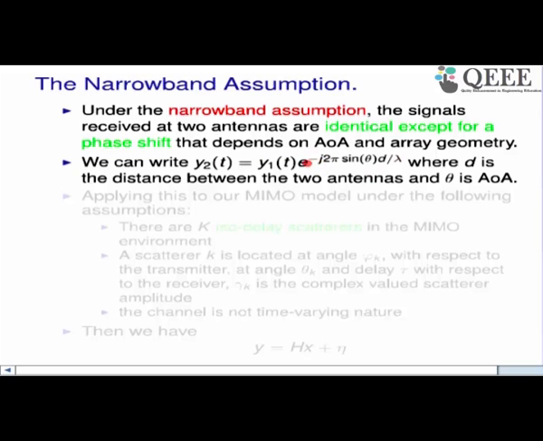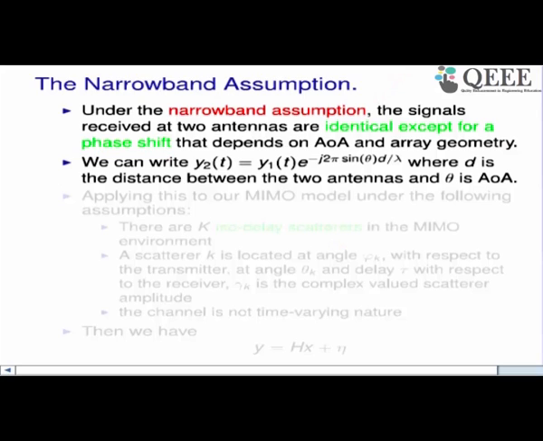Based on this narrowband assumption, the signal bandwidth is small, so the time duration is large. Because of the large duration, most of the signals from the multiple paths will arrive within a very short part of the symbol duration. So the receiver is not able to see that they are different replicas. He only sees the same signal coming with a different phase. This is how it is.